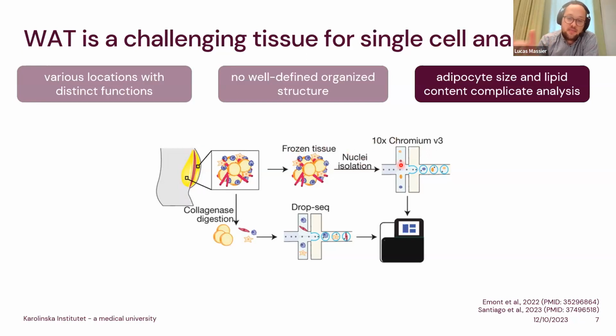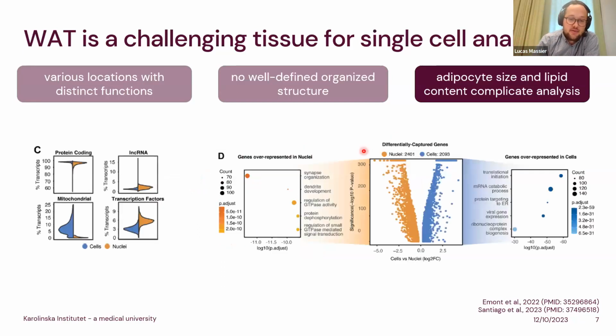But we also know that both of these methods have inherent differences that are important to consider when analyzing this data. For example, this is shown here, and this has nothing to do with adipocytes, but this is a publication on retina tissue of rabbits. Here, Santiago et al. compared on the same sample single nuclear and single cell sequencing extensively.